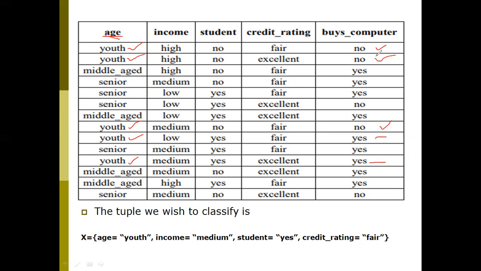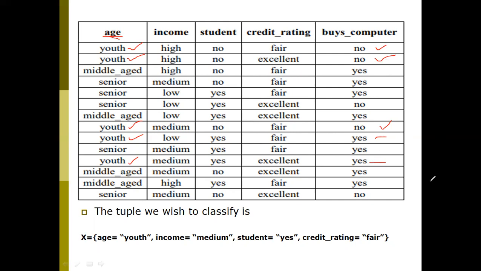So 3 records are labeled with no and 2 records are labeled with yes. These are the total values of youth.